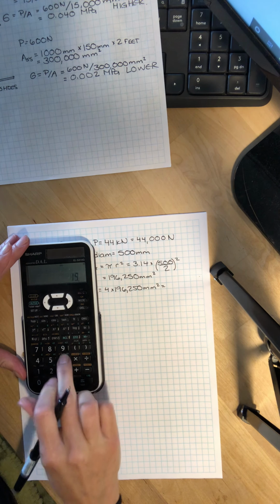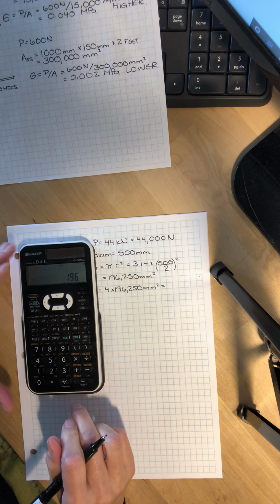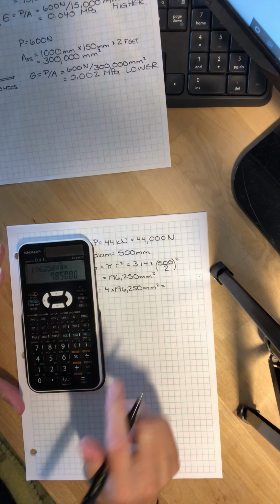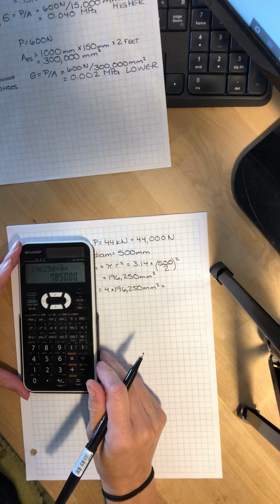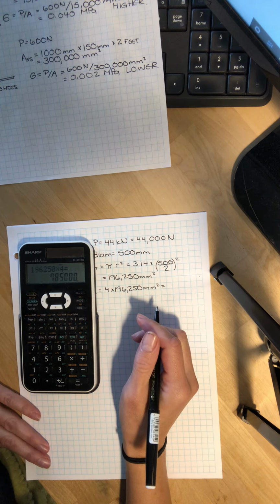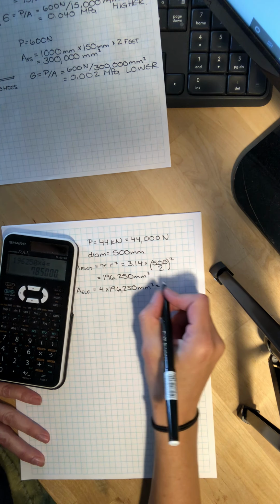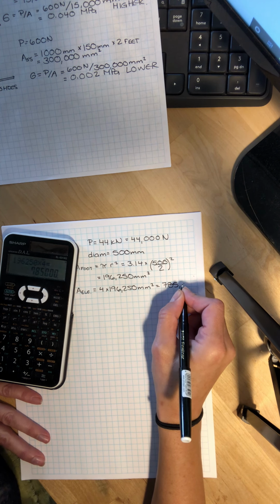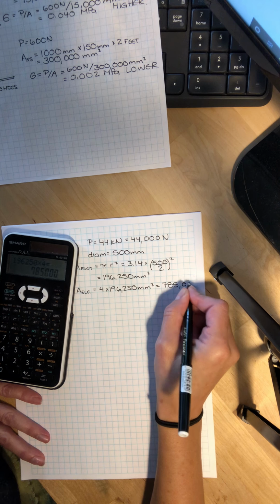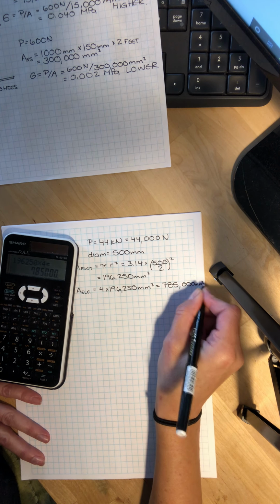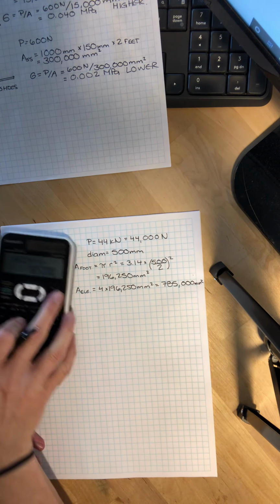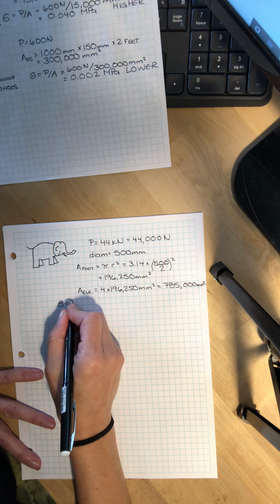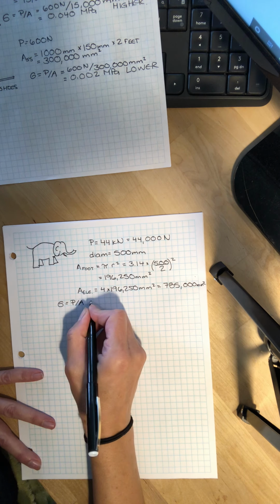So let's take that 196,250 times 4 equals 785,000 millimeters squared. And we know that stress equals force divided by area.